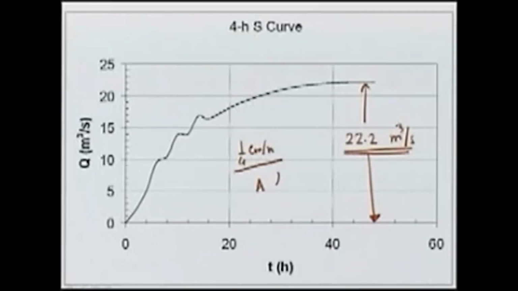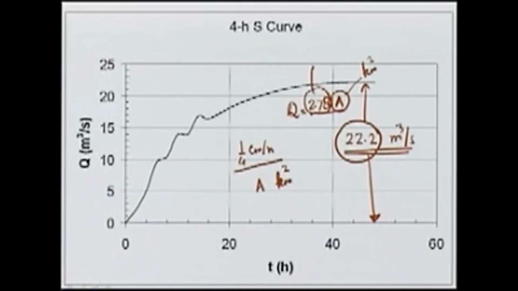If the area is A kilometer square, then we have seen that we can relate this Q as 2.78 A, where A is the area in kilometer square, and this 2.78 comes because of using the units of kilometer square and hours.